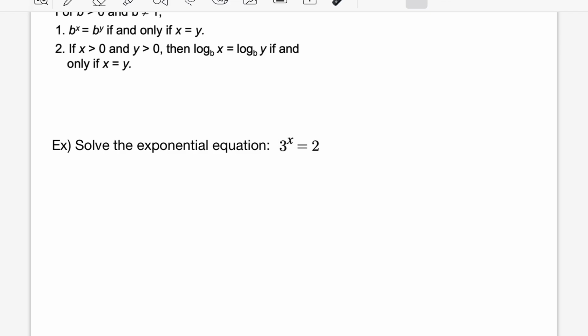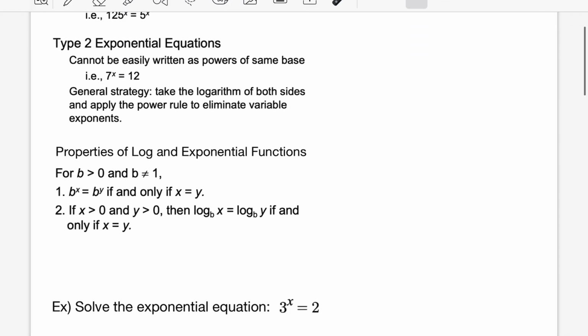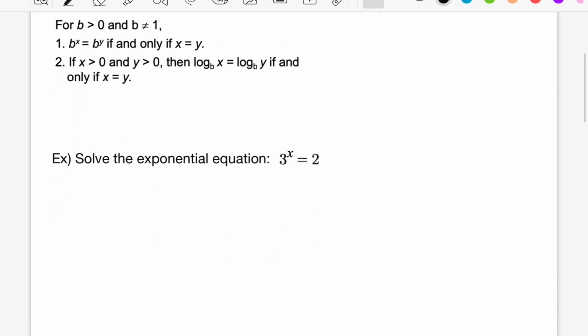So, like we said, we can take the logarithm of both sides and apply the power rule to eliminate variable exponents. However, there are two different ways that we can solve this equation. So we'll do both of them now. We have 3 to the x is equal to 2. What we could do is take log base 3 on both sides of this.